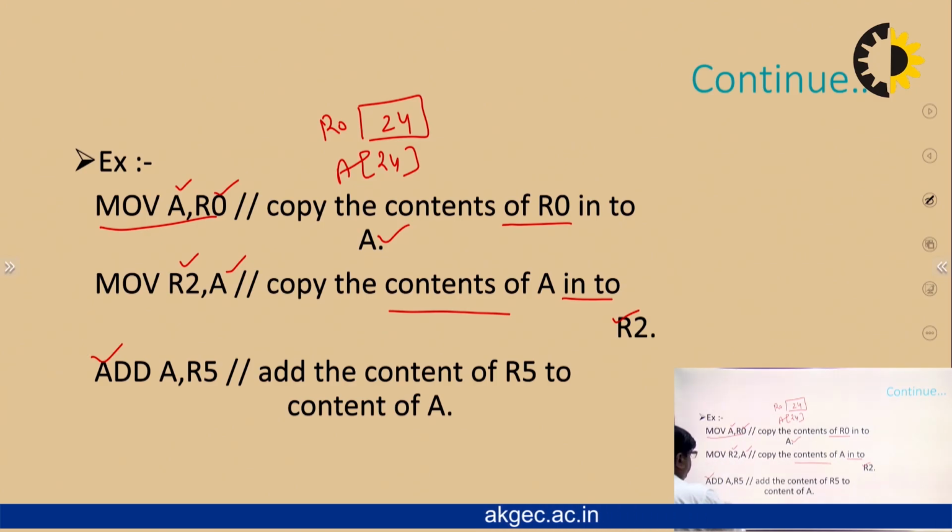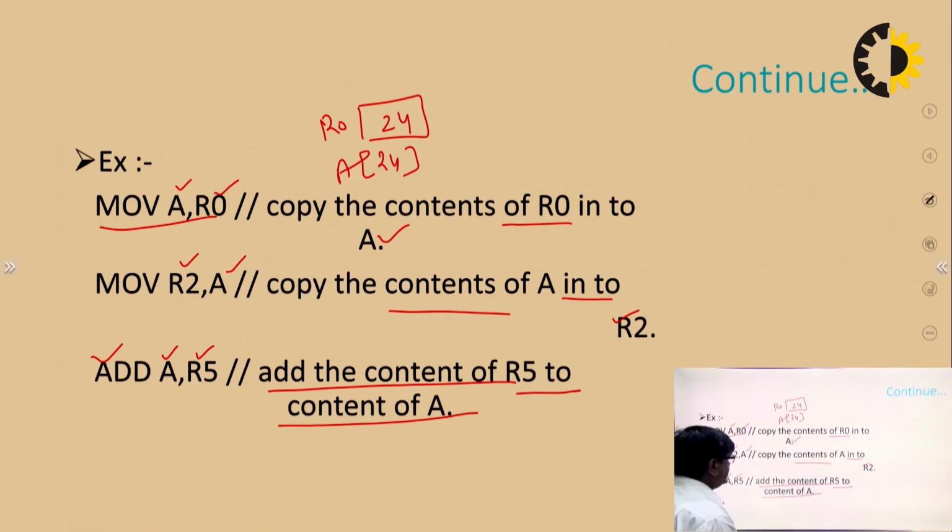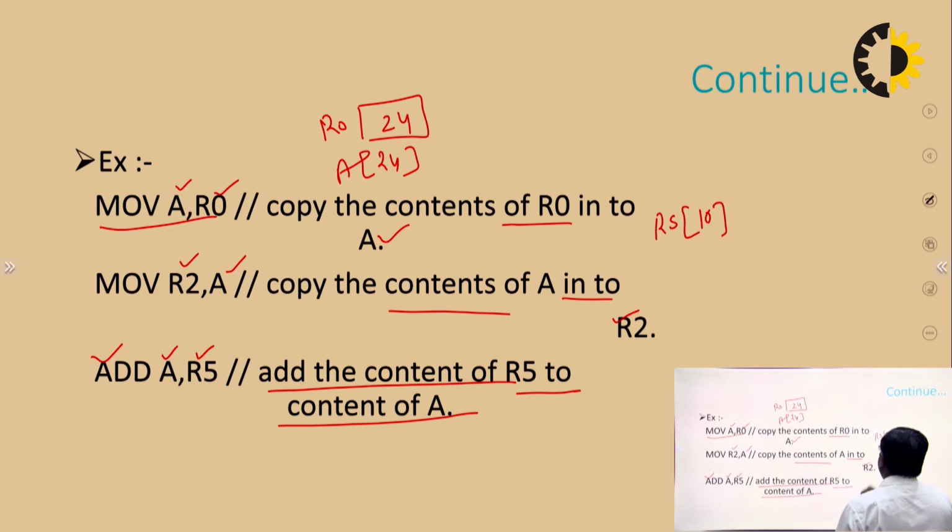Then another instruction: the content of R5 is added to the content of A. Suppose the R5 register contains the value 10 and the A register contains 15.